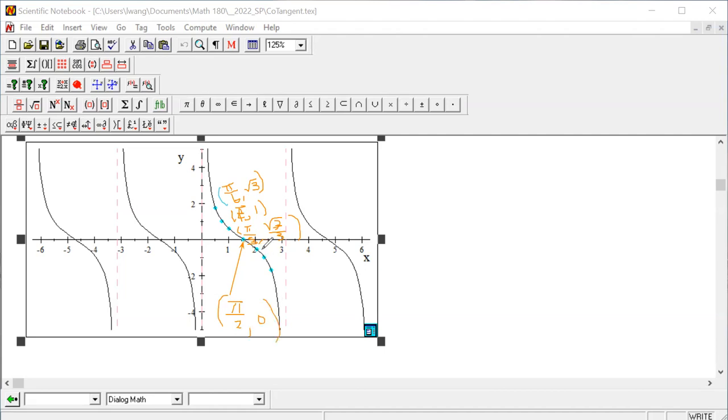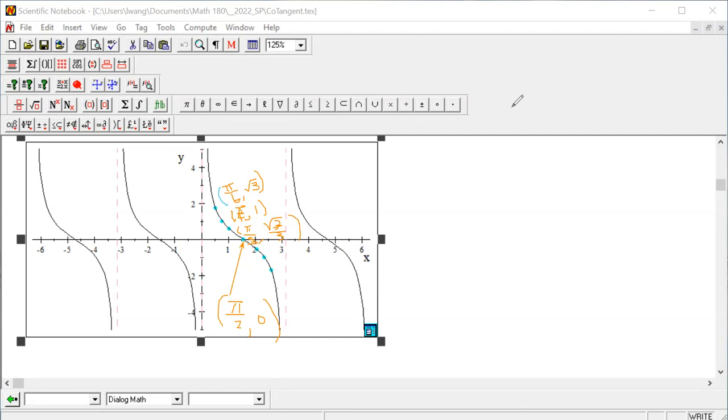And this point is, I'm sorry, 2 pi over 3, negative √3 over 3. This point is 3 pi over 4, negative 1. And this point is 5 pi over 6, negative √3.